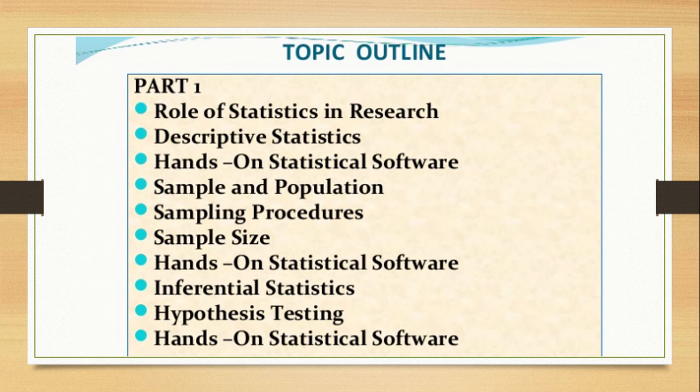Okay, so these are the topic outlines. Part one, role of statistics in research. We have descriptive statistics, hands-on statistical software, sample and population, sampling procedures, sampling size, hands-on statistical software, inferential statistics, hypothesis testing, hands-on statistical software.